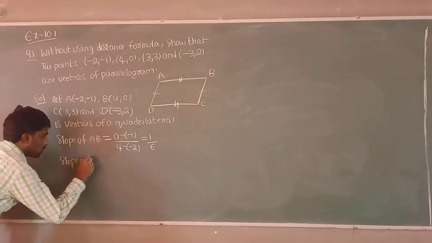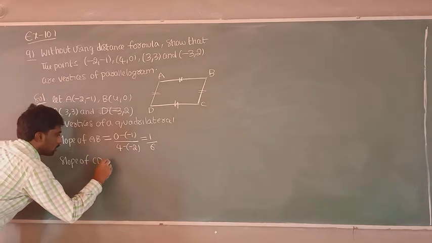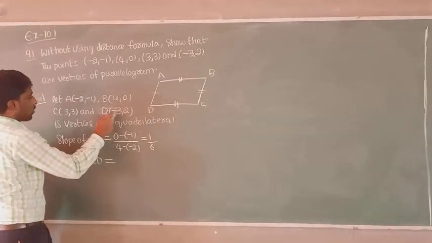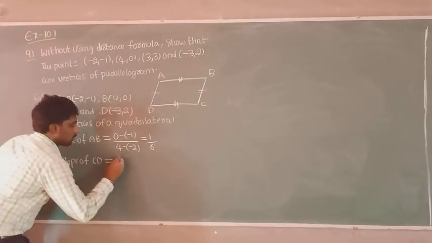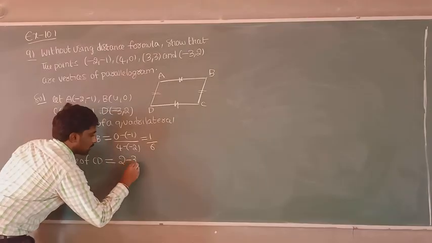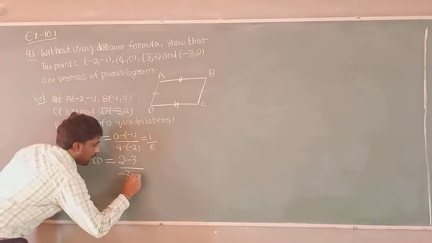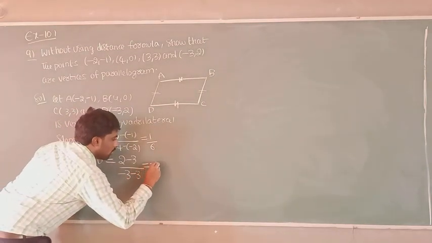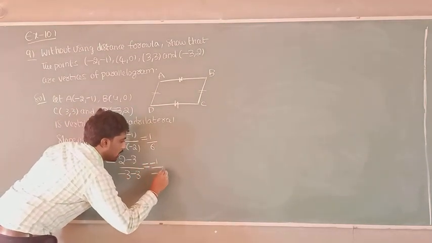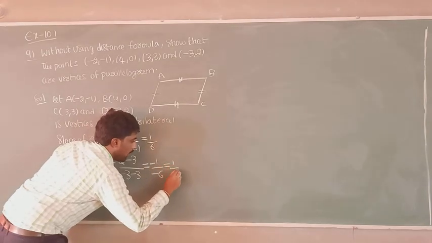Slope of CD: y2 minus y1, 2 minus 3, by x2 minus x1, -3 minus 3. So this becomes -1 by -6, which is equal to 1 by 6.